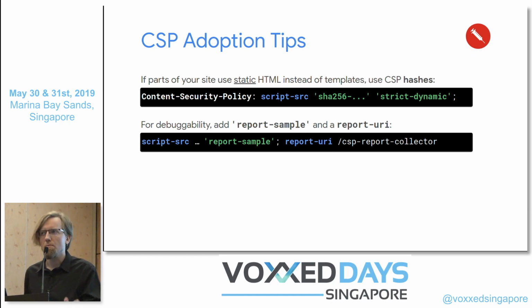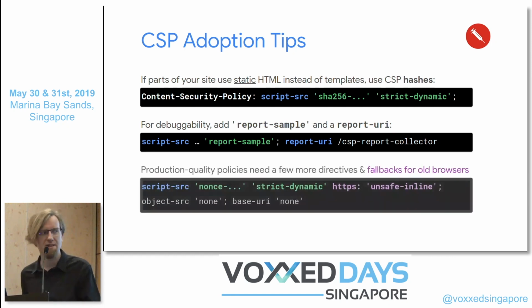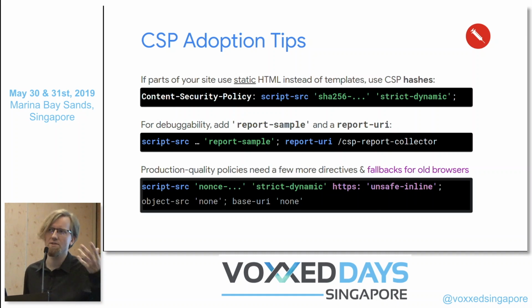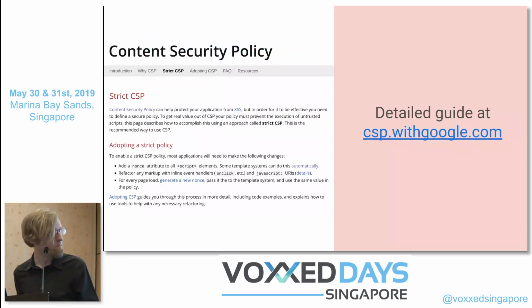And this makes it much easier to switch from report only to enforcing mode after you've refactored your site. And finally, you usually need some fallbacks for older browsers so that the policy doesn't break functionality for users of browsers that don't have CSP. You just have to remember to do it. It's not a complicated thing to do.